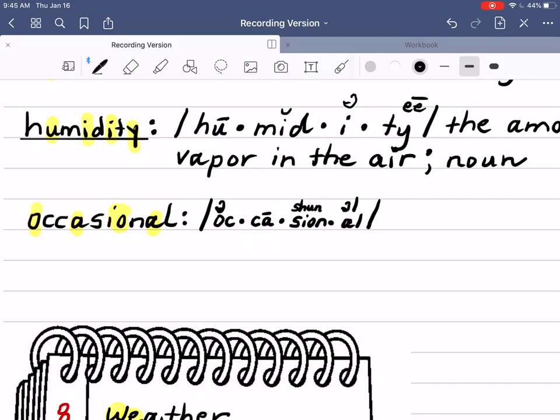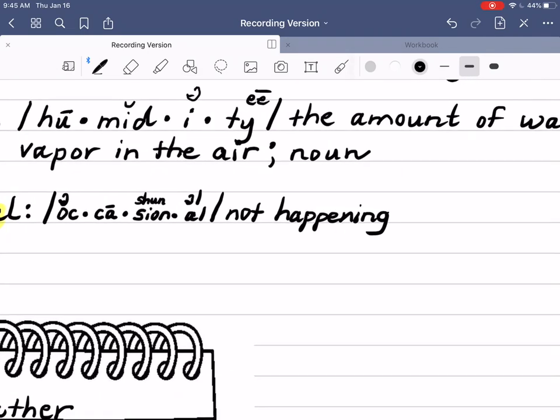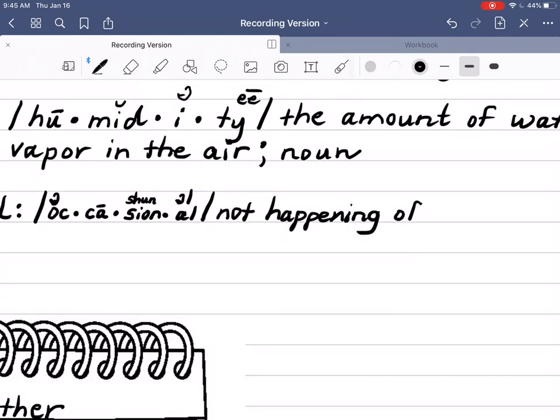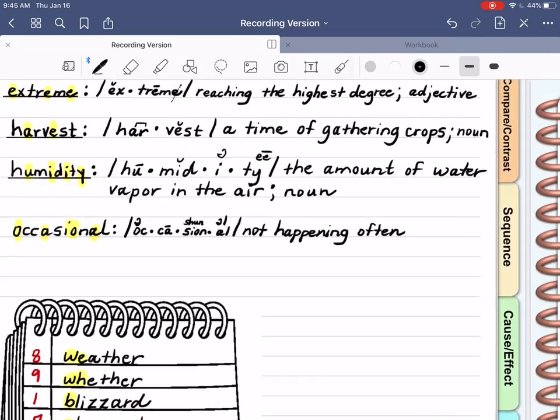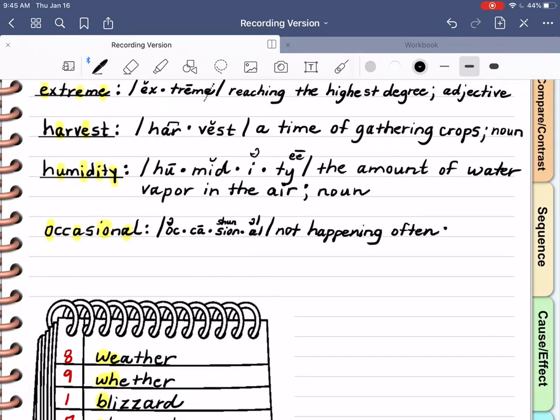Occasional means not happening often. And this is a describing word. It's describing an event, or it would be an event.